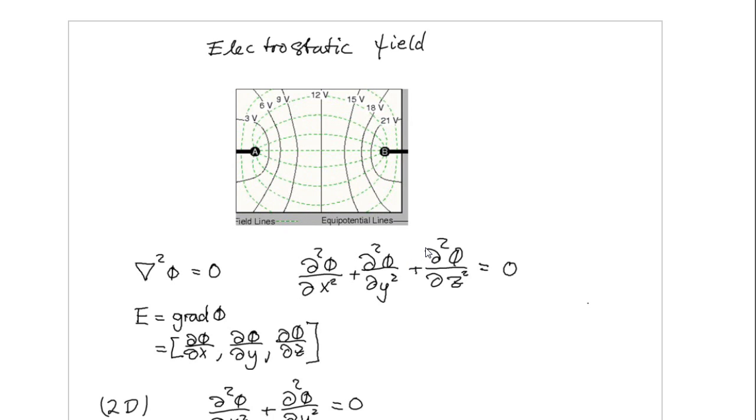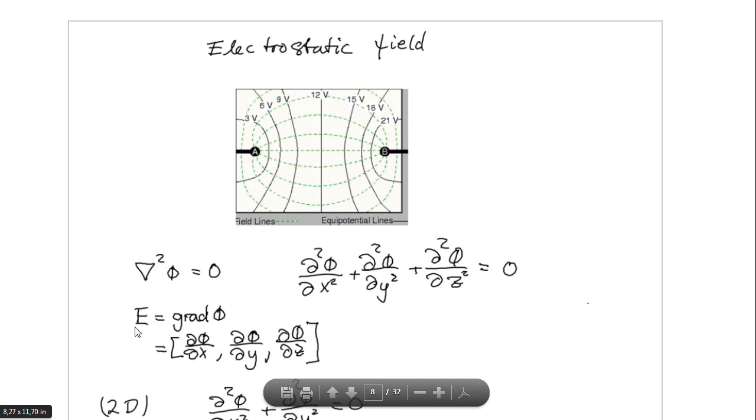In most of the cases we are considering in this course, we do not have any dependence in the third direction, so phi is only a function of x and y. Therefore, this third term vanishes. Actually, the derivative of phi in the z direction is equal to 0.